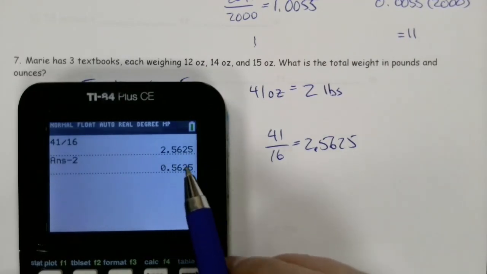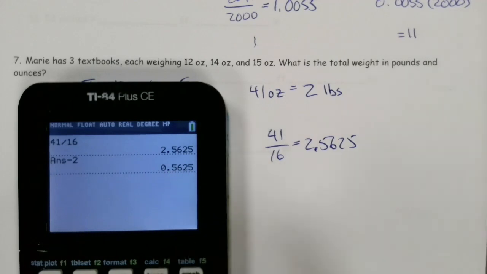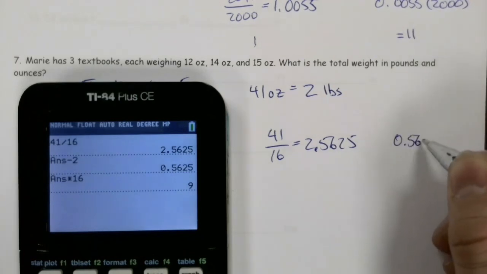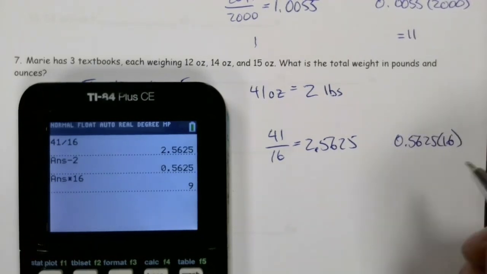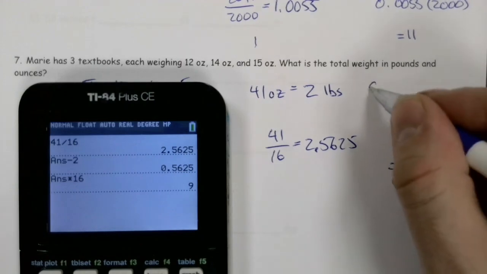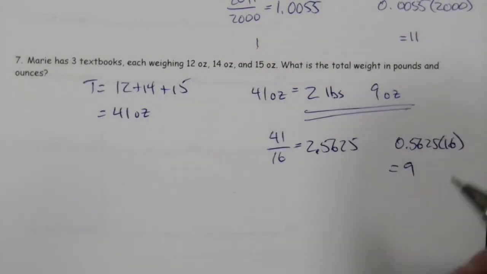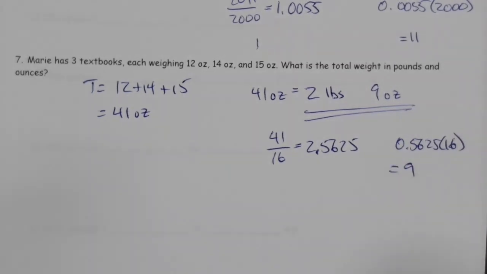It's this last little bit here that I want to figure out what's going on. It's not quite a pound, so it's a fraction of a pound. Let's multiply by 16 to convert that little bit back into ounces. And if we put 0.5625 multiplied by 16, we get 9. So the answer is that altogether, those books weigh 2 pounds and 9 ounces.